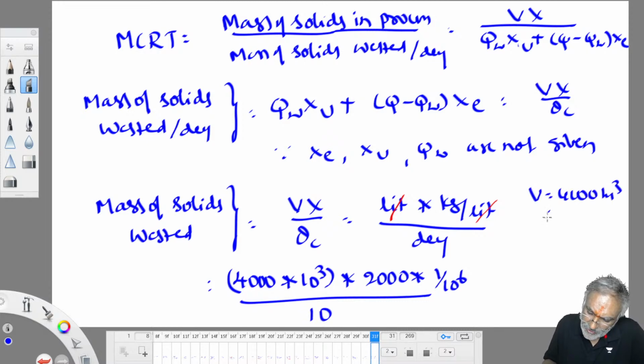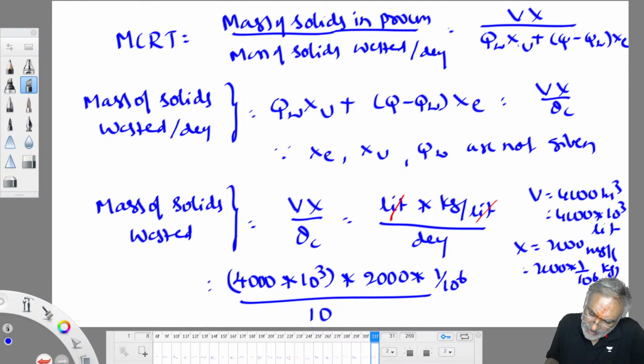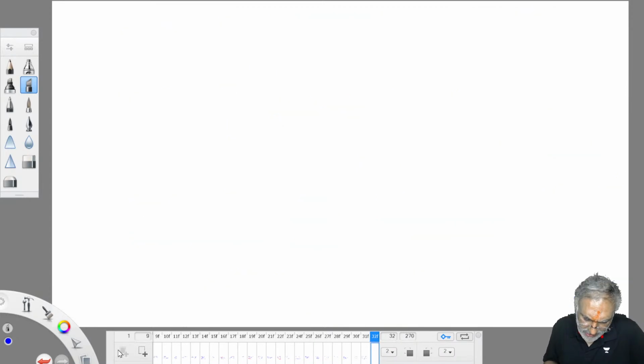Given in 4000 meter cube. So 4000 into 10 cube liters. X is equal to 2000 milligram per liter. So 2000 into 1 by 10 power 6 kilogram per liter. And theta c given in 240 hours, which is equal to 10 days. So substitute, then you'll get answer in kilogram per day straight away. Understood?